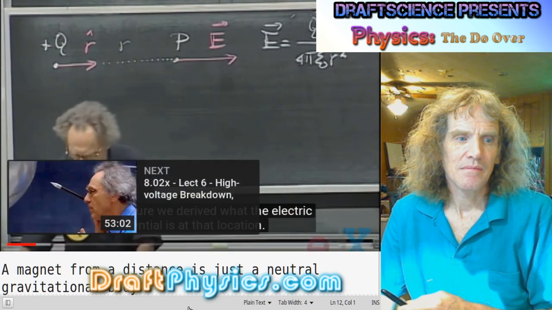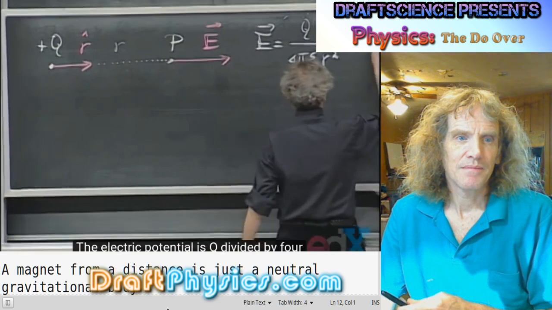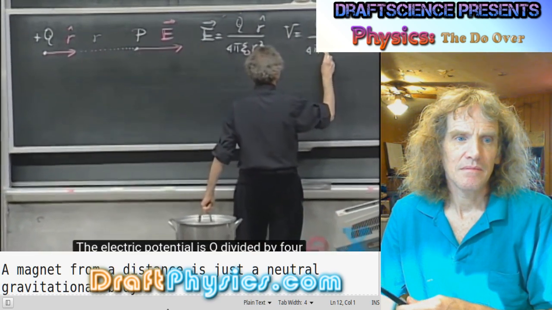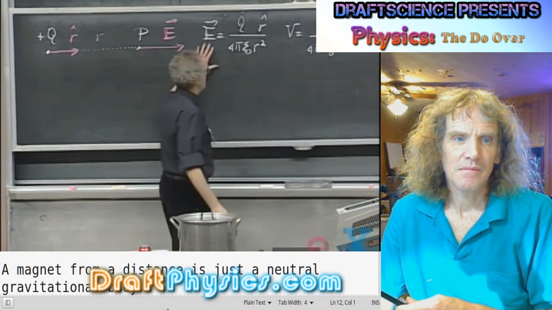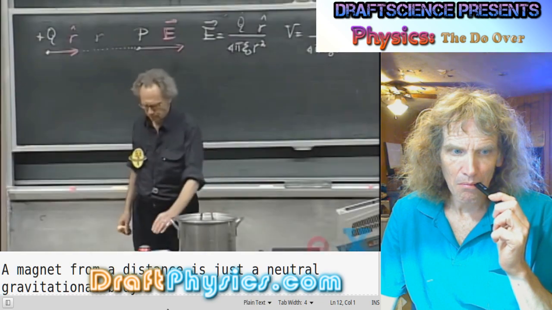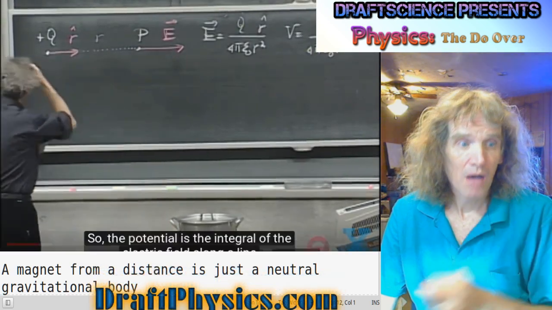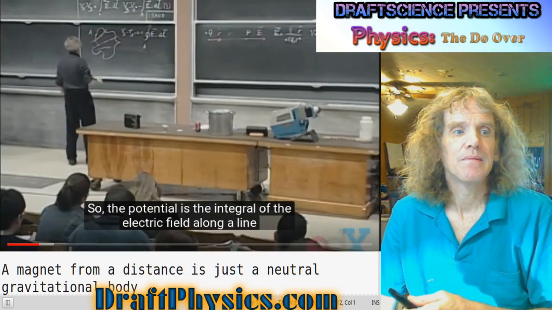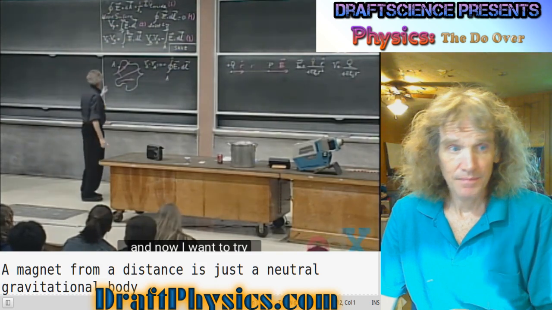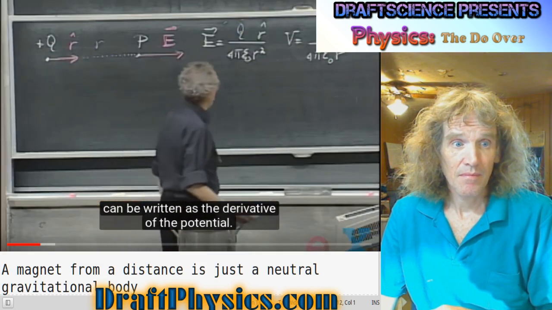And last lecture, we derived what the electric potential is at that location. The electric potential is Q divided by 4 pi epsilon 0 R. This is a vector, this is a scalar. So the potential is the integral of the electric field along a line, and now I want to try whether the electric field can be written as the derivative of the potential.